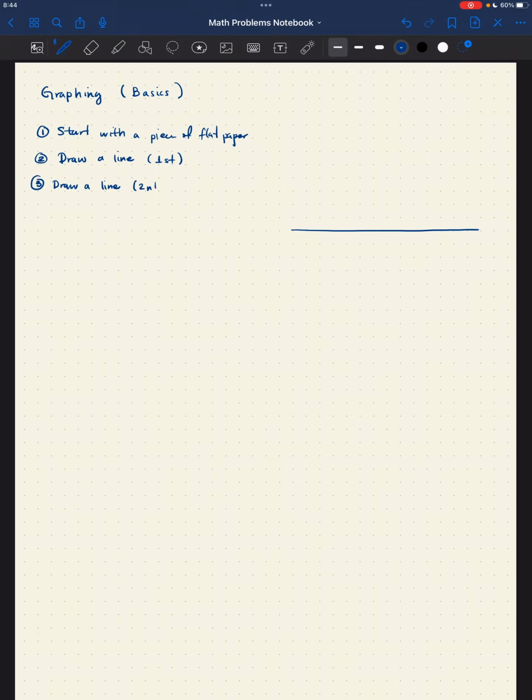And this is going to be the second, perpendicular to the first. Okay, so let me see how we can do it. Okay, something like this.